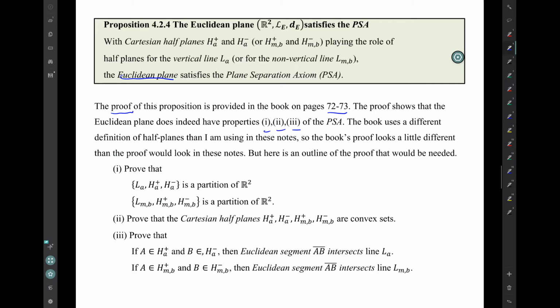Plane separation axiom II is that the half-planes are convex. So the proof part 2 would need to be a proof that those Cartesian half-planes are indeed convex sets.